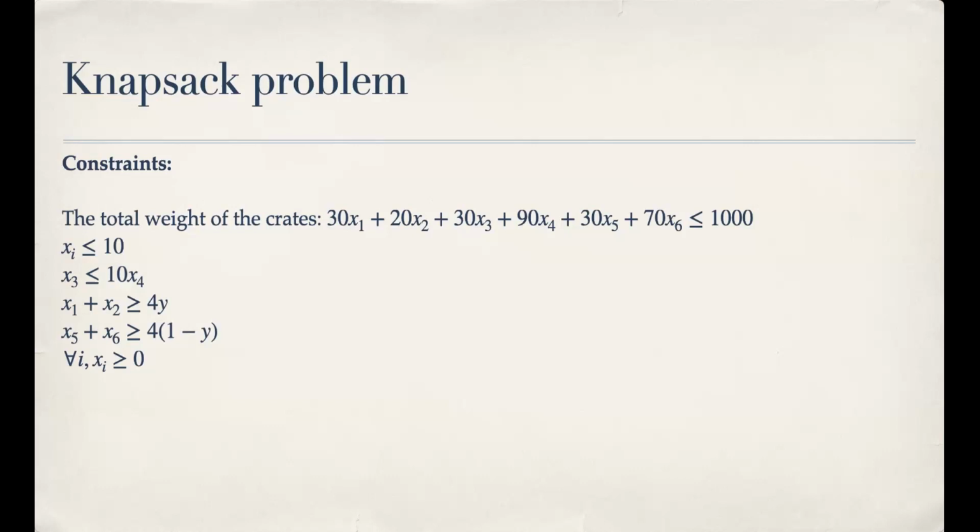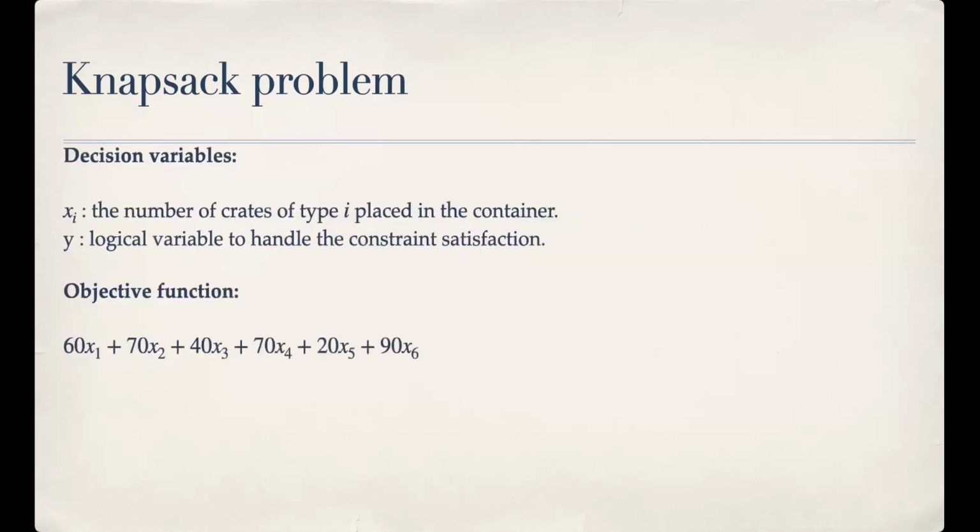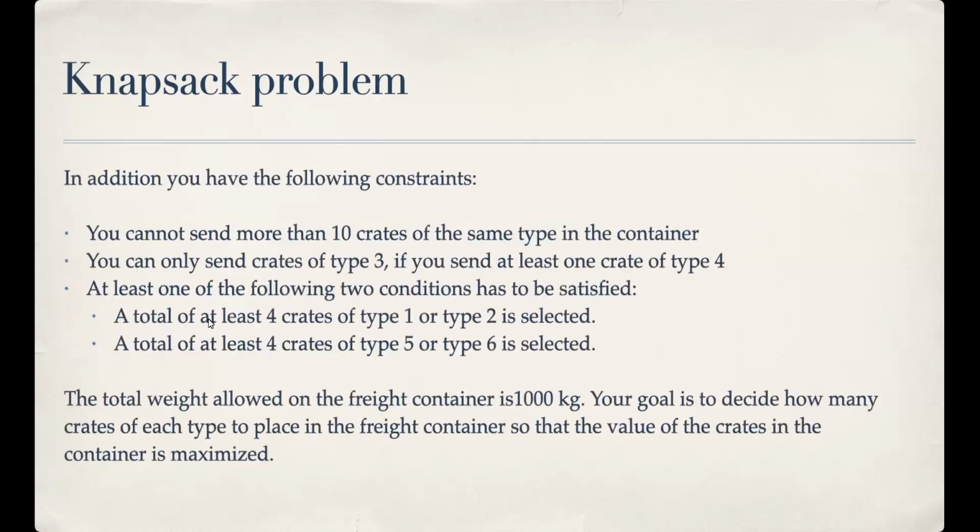Okay? So if y is 1, a total of at least 4 crates of type 1 or type 2 is selected. This must be true. However, if y is 0, the second one, a total of at least 4 crates of type 5 and/or type 6 is selected.